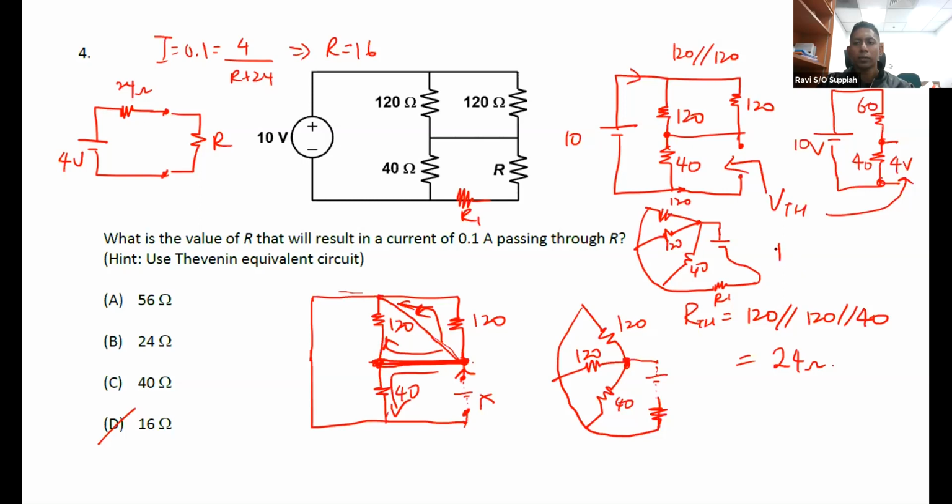So it would have been 120 parallel with 120 parallel with 40, then plus R1.